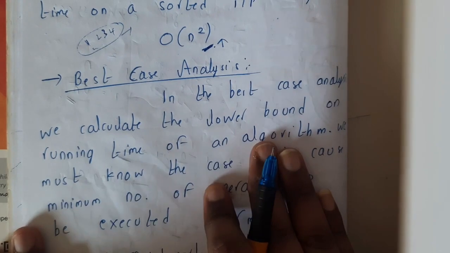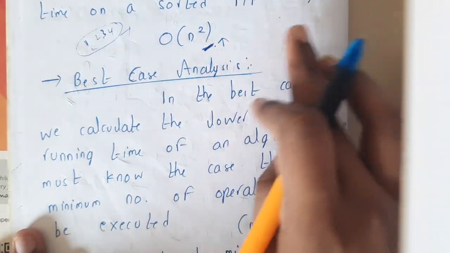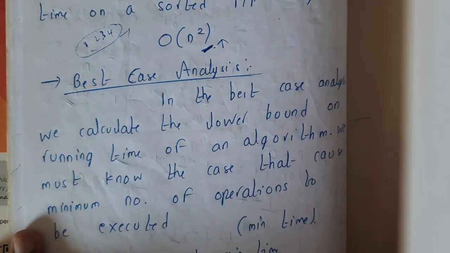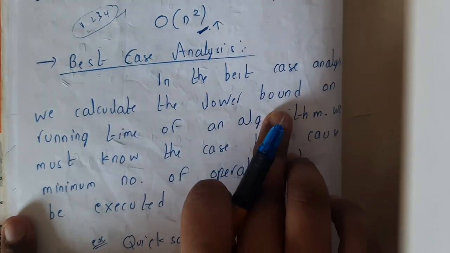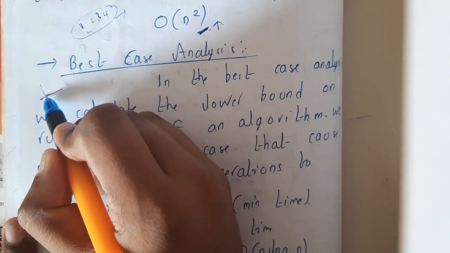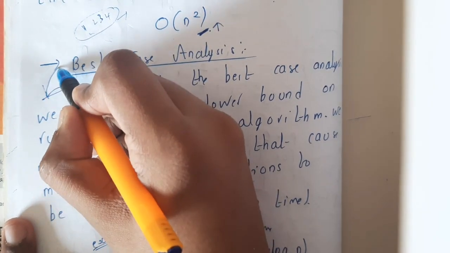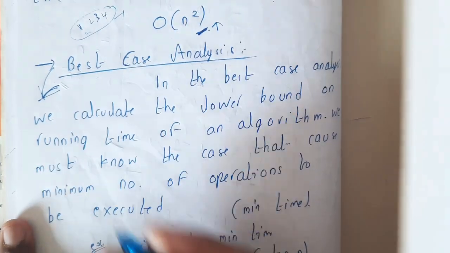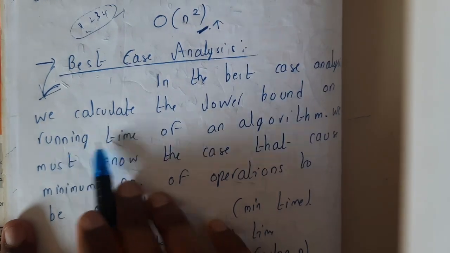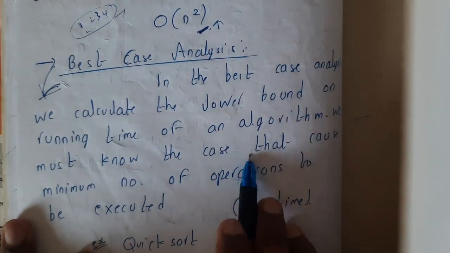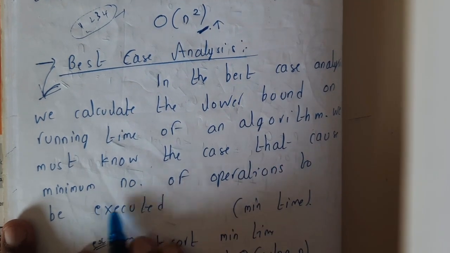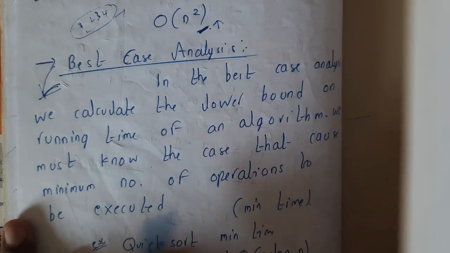Once you identify that worst case is maximum time, best case is minimum time. In best case analysis, we calculate the lower bound, which is the least time taken by the running time of an algorithm. We must know the case that causes the minimum number of operations to be executed.